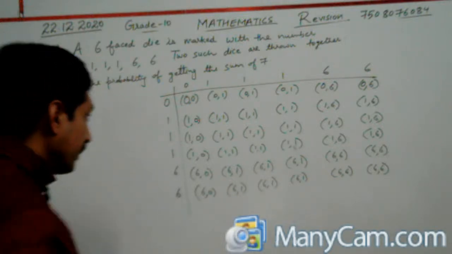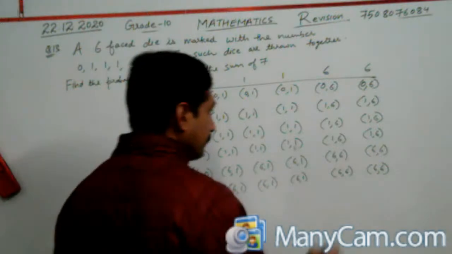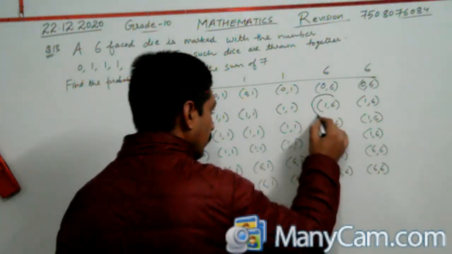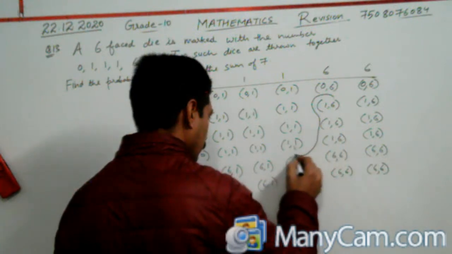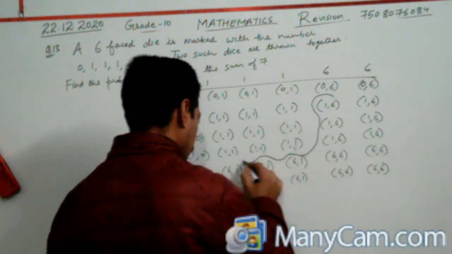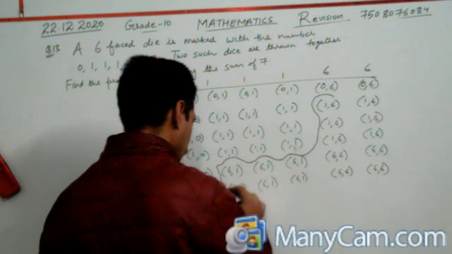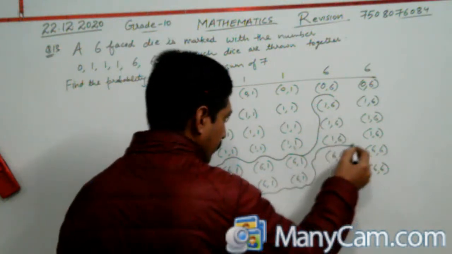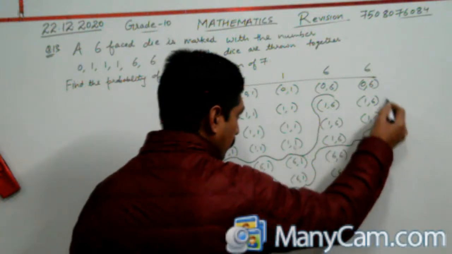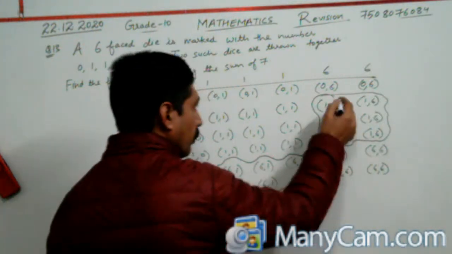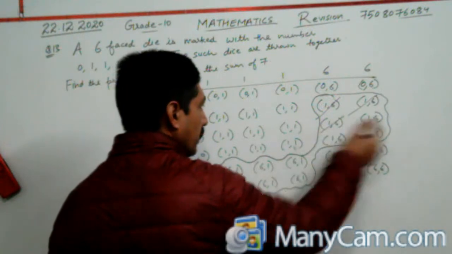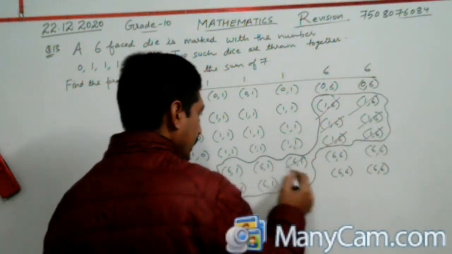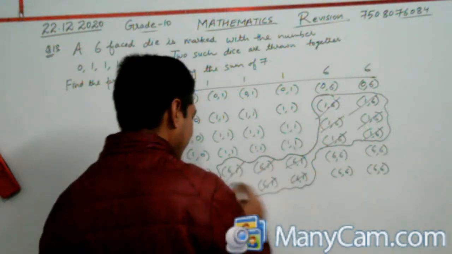So here we have the sum of 7. These all are 1, 2, 3, 4, 5, 6, 7, 8, 9, 10, 11, 12.